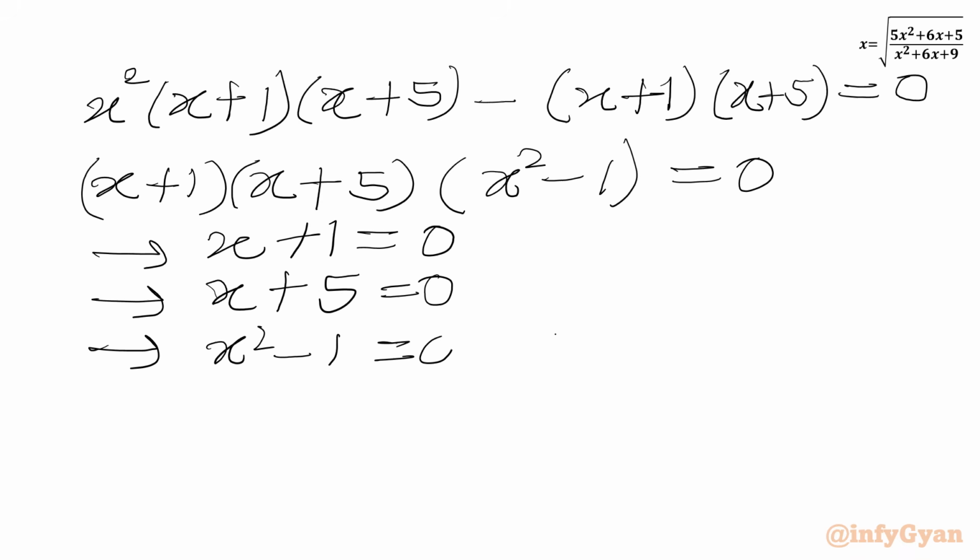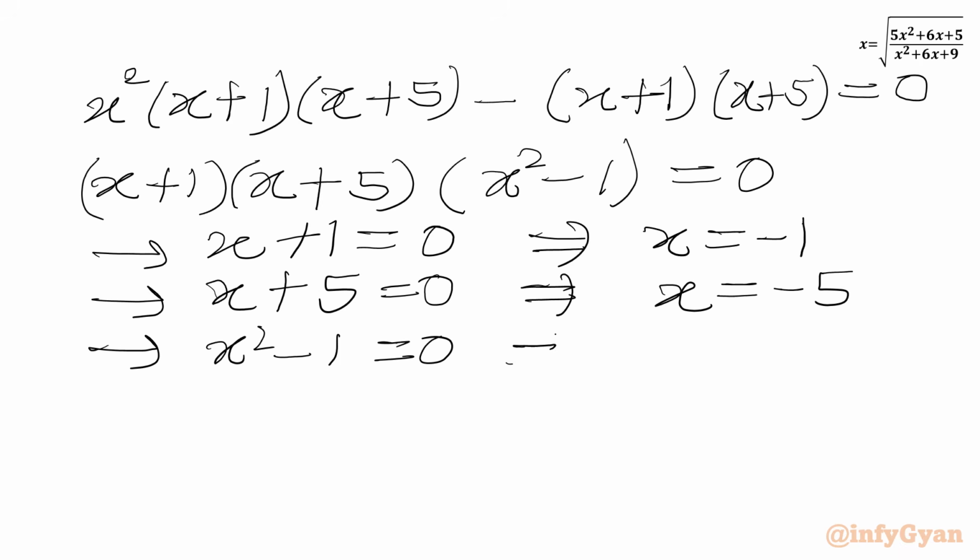So from our first equation, we will get x equal to negative 1. From our second equation, we will get x equal to negative 5. And from our third equation, we are going to write x square is equal to 1. After taking a square root both sides, x will be equal to plus minus 1.